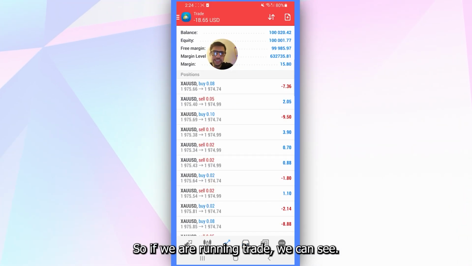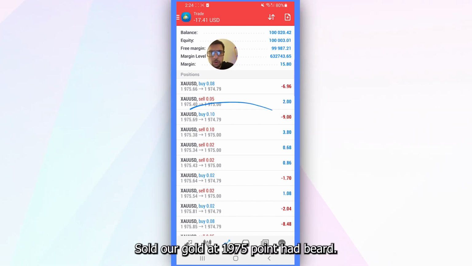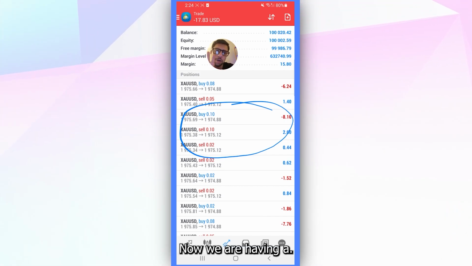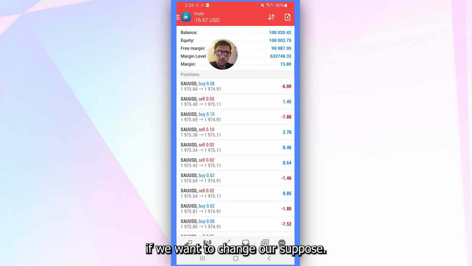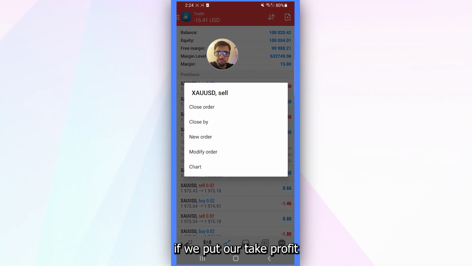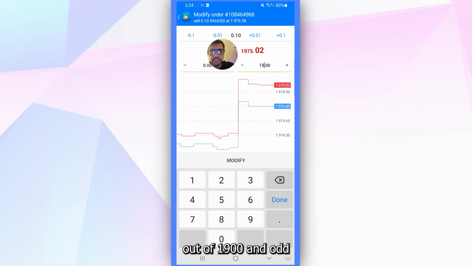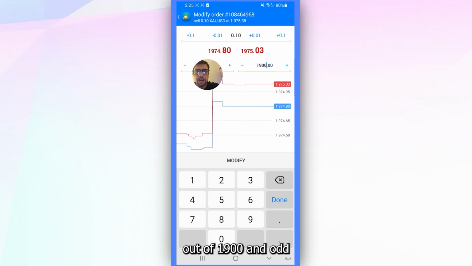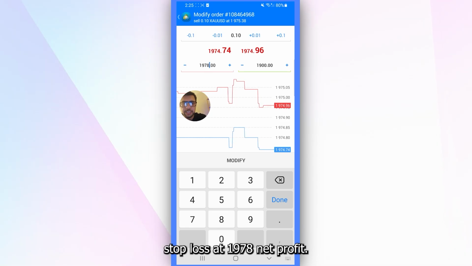So if we see our running trades, we can see that we have sold our gold at 1975.38. Now we have a good profit of $2, just for an example. Suppose we put our take profit at 1900 and our stop loss at 1978.